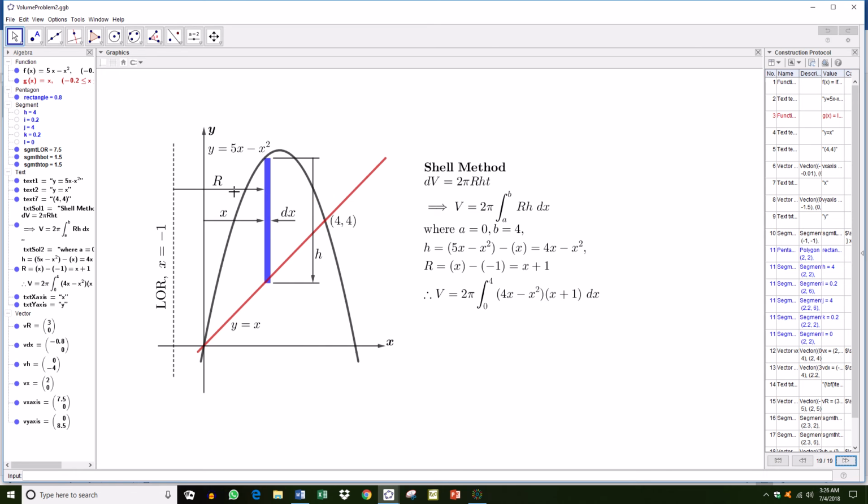Please pay attention to that part. Because we are measuring r horizontally, we should take the x value at the right side point, and from that we need to subtract the x value at the left point. What is the x value at the right side point? Well, you're noticing that this is x. So the x value at the right side point is x.